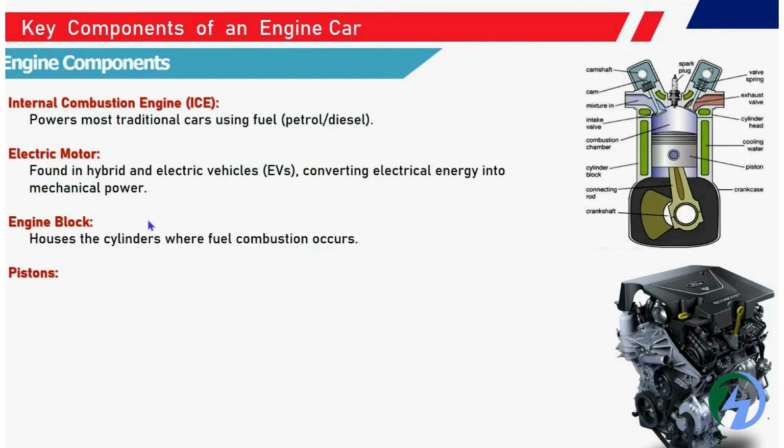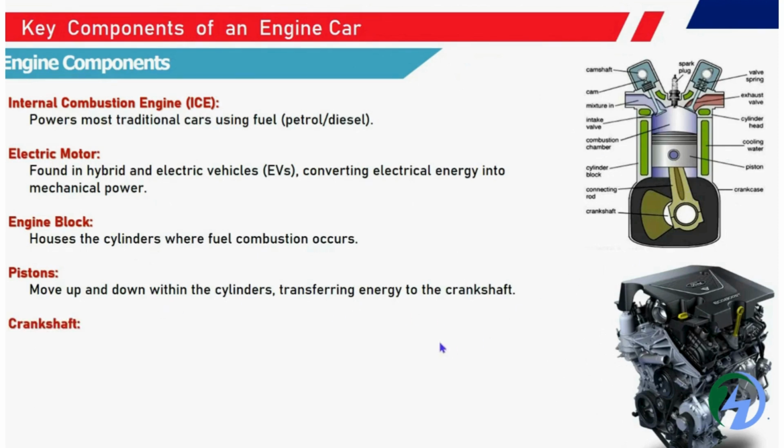The engine block houses the cylinder where the fuel combustion occurs. The piston moves up and down within the cylinder and transfers to the crankshaft. The crankshaft converts the linear motion of the piston into rotational motion.